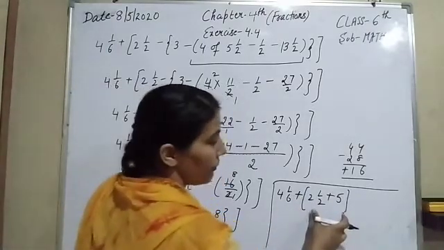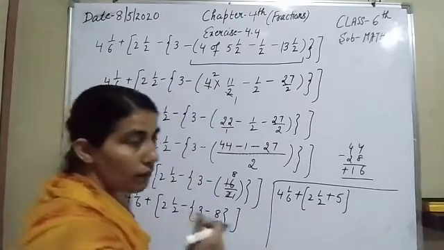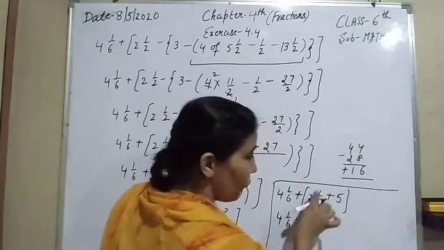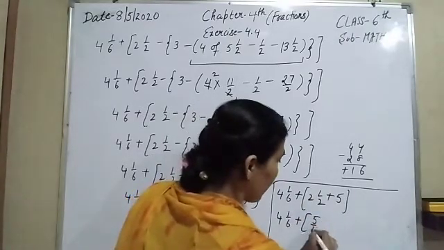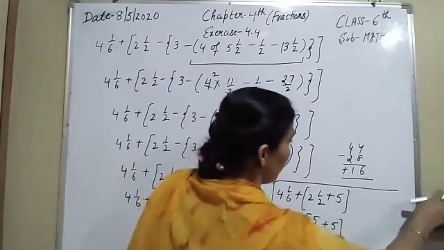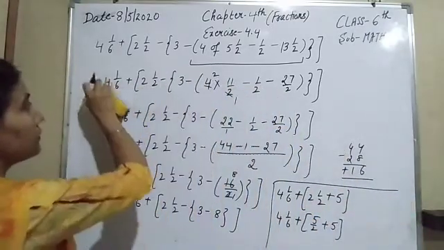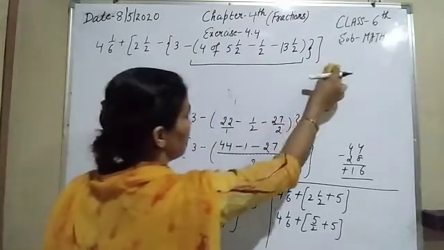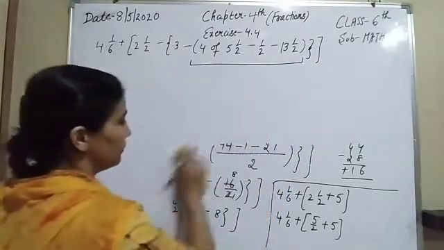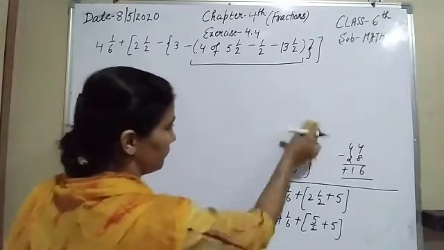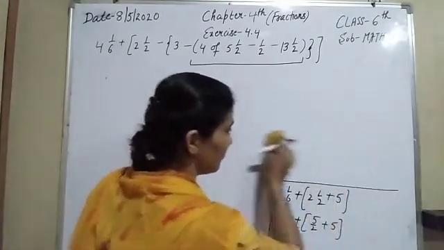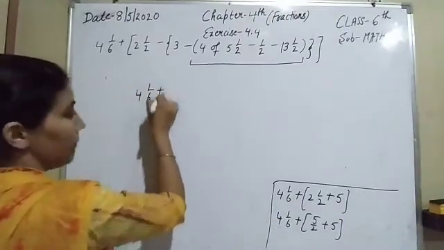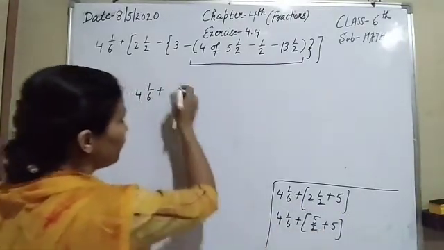Now after the curly bracket part we have to solve this closed bracket. So here is 4 into 1 by 6 plus 2 2s are 4 plus 1, that is 5 by 2, plus 5. Now look at here, we have to take its LCM.